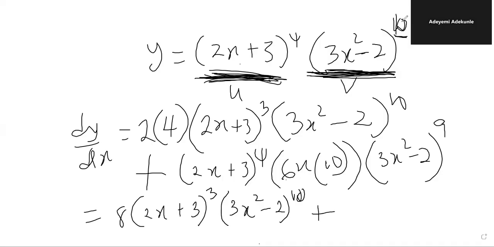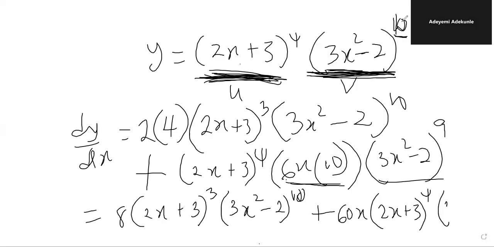Then plus, we can just multiply this one first. 6x times 10, that will be 60x. So we have 60x into bracket of 2x plus 3 raised to power 4. Then 3x squared minus 2 raised to power 9.